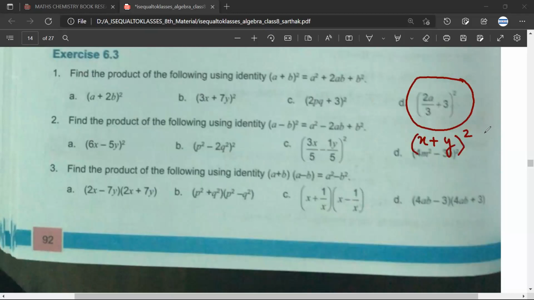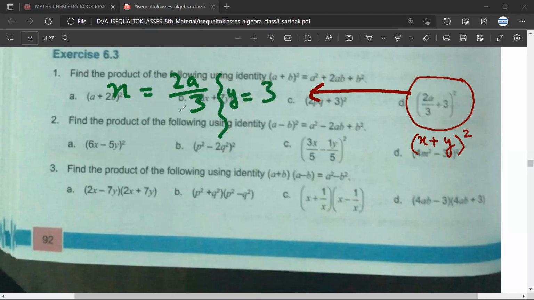Sarthak, have you understood what I've said? Yes. Now what I'll do is I'll write my x to be equal to 2a upon 3 and I will write my y to be equal to 3. Sarthak, any doubt here? No, sir.